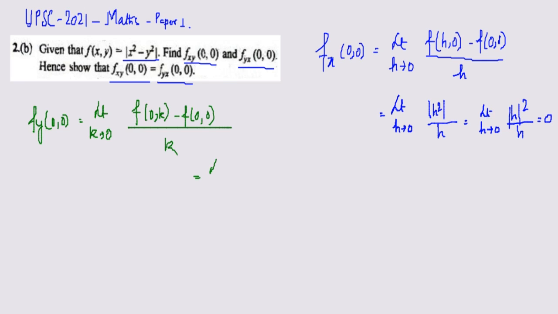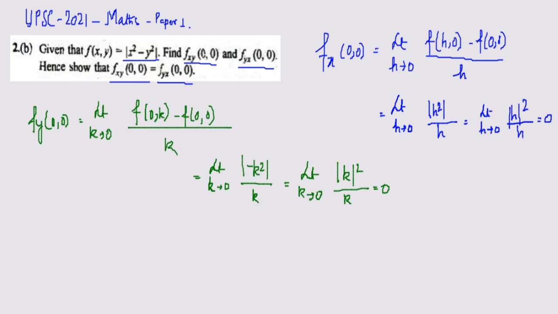Here it will be the limit of -|k²|/k. Since it is mod, we can write |k| whole square by k, so simply it is equal to 0.